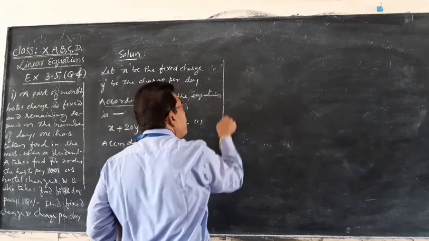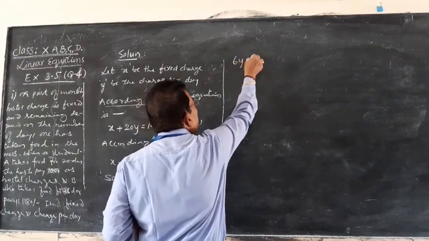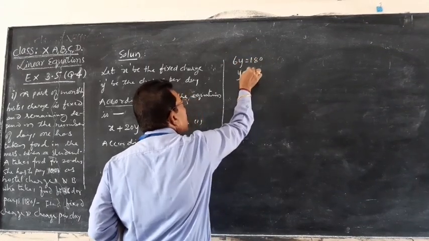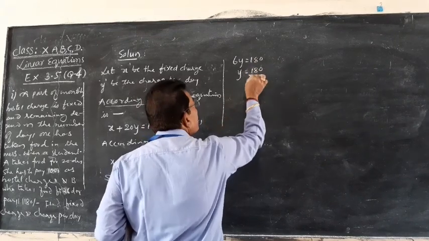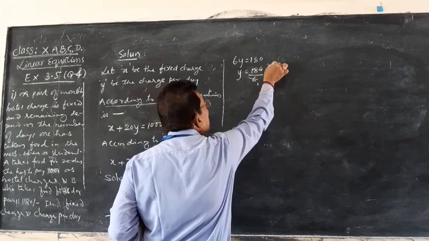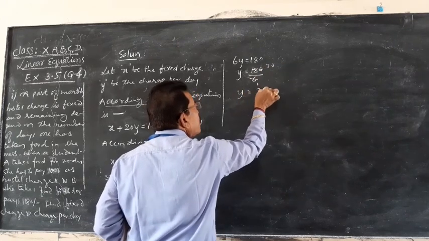So 6y equals to 180, y equals to 180 by 6. That is y equals to 30.